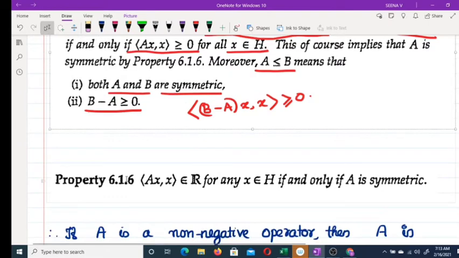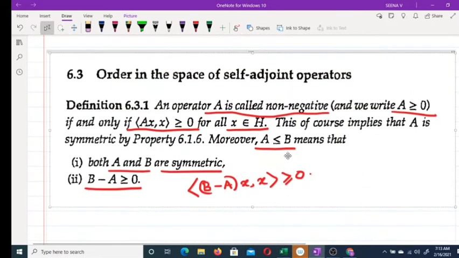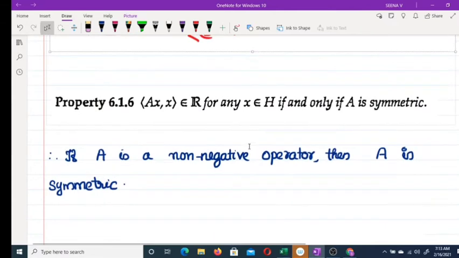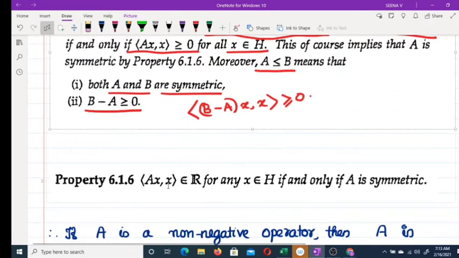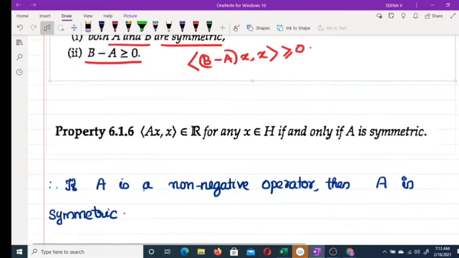That means by 6.6, A is symmetric. So if A is a non-negative operator, then A is symmetric.